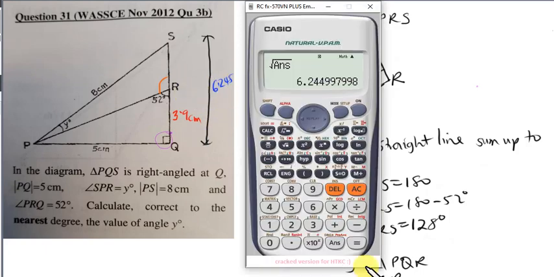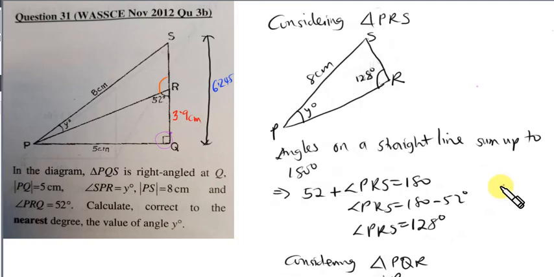So we say 6.245 minus 3.9, then we have 2.345. Okay, so SR is 2.345. All right, so this length here is 2.345. So we can now go ahead and find this angle because we know this length.